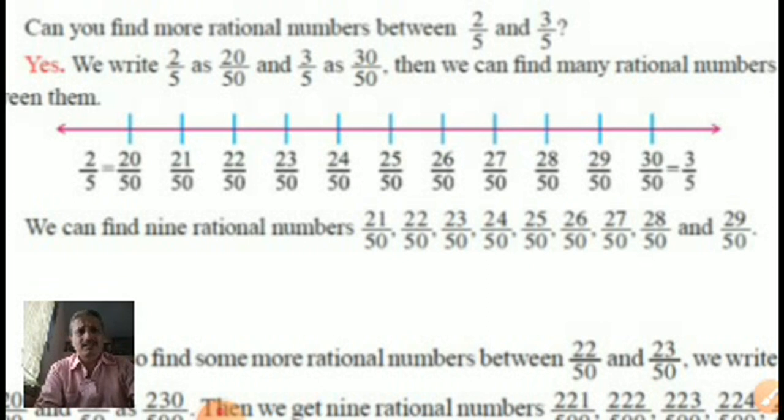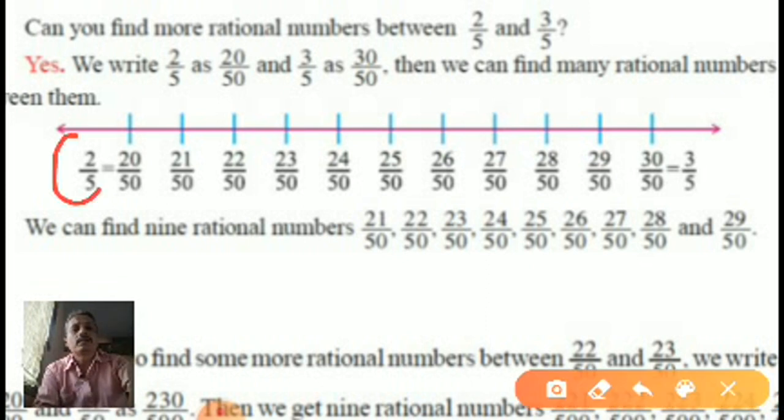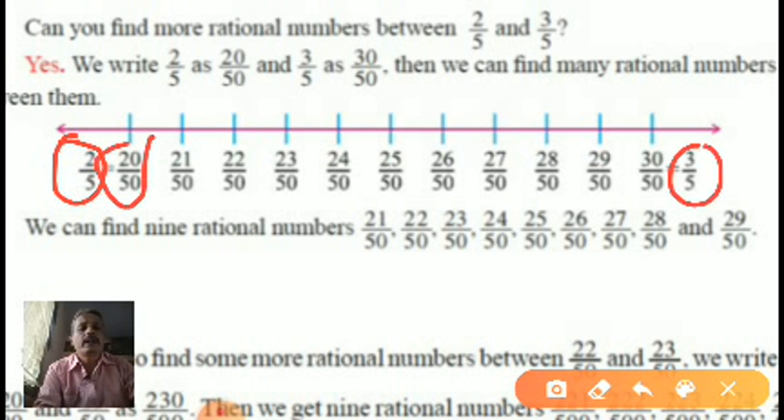As per our knowledge, between 2 and 3 there are no numbers lying. But students, there are a number of points lying. See, 2 upon 5 is written here this way, isn't it? And 3 upon 5 is here. In place of 2 upon 5, I can write 20 upon 50. In the same way, in place of 3 upon 5, I can write 30 upon 50.